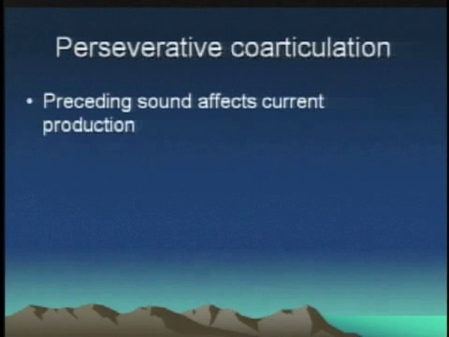Okay. So perseverative means the preceding sound affected the current production. That means that it is based on mechanics of tissue. How fast can you move an articulator? If you can't move it fast enough, the sound that was produced before is going to influence a later sound.